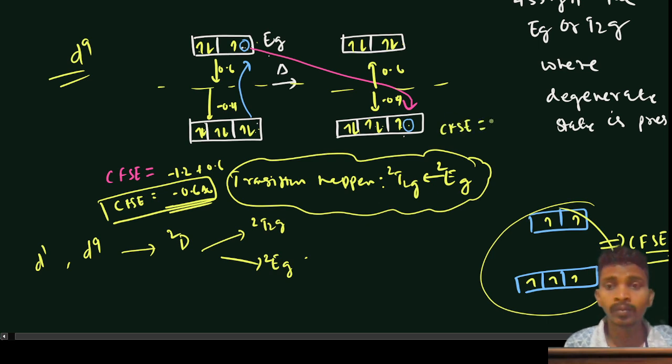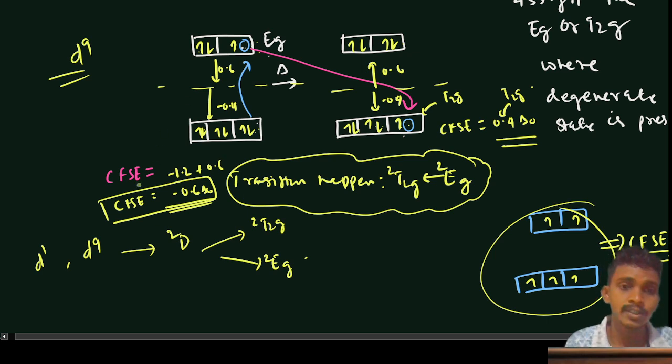So this value I will get 0.4 delta naught. This is 12 and this is minus 8, so that is 0.4 delta naught. This 0.4 delta naught is for the T2G where I assume a non-degenerate state. So this is the value for T2G, and this CFSE value is for EG. This is minus 0.6 delta naught.